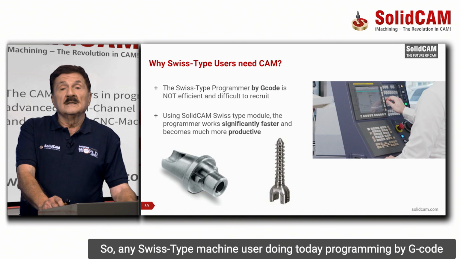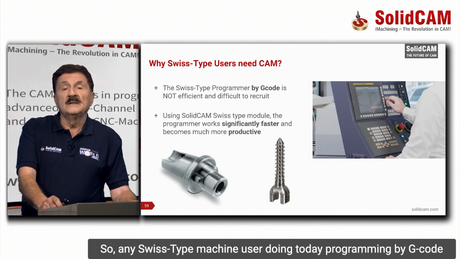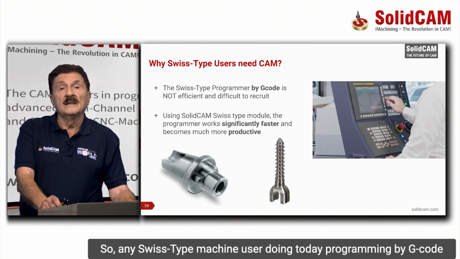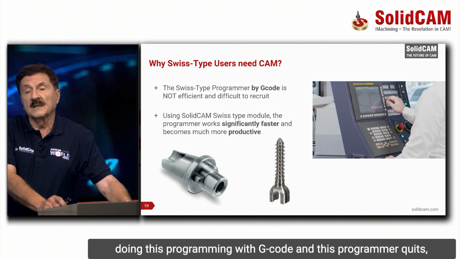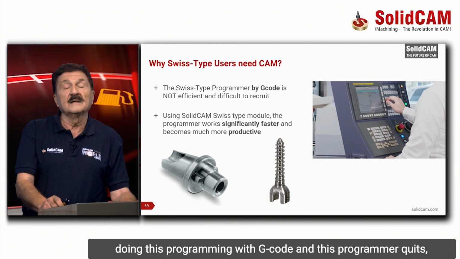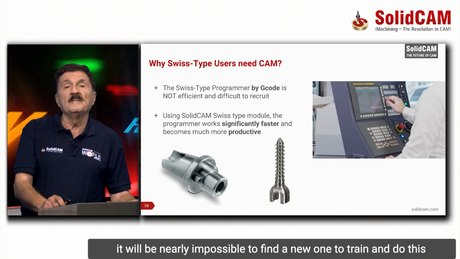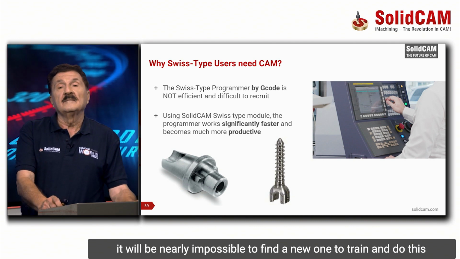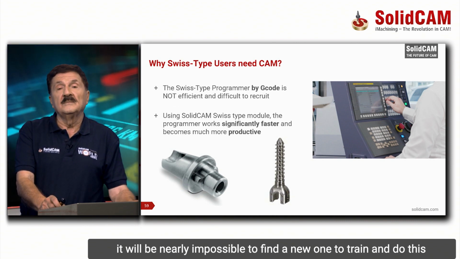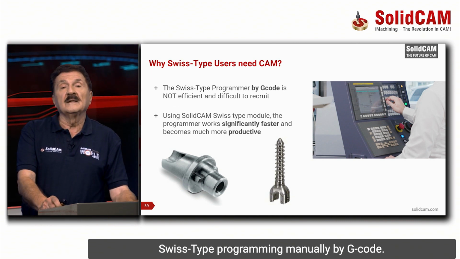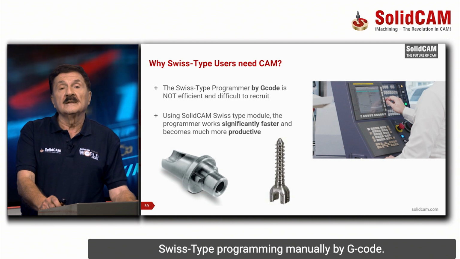So any Swiss-type machine user programming by G-code today has to really upgrade, because if he has one programmer doing this with G-code and this programmer quits, it will be nearly impossible to find a new one to train and do this Swiss-type programming manually by G-code.